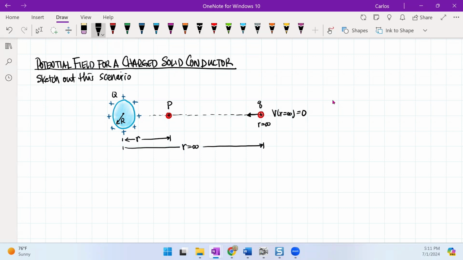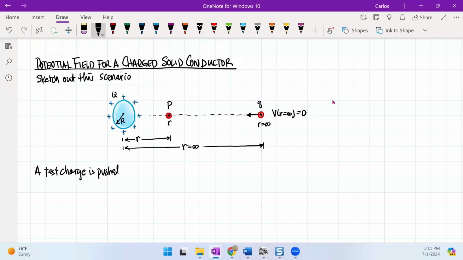Now, most of the time, I don't draw this out, but since this is the first time, I would typically just say we're at a point R. So let's write what I just said so that we start off well. So a test charge is pushed.